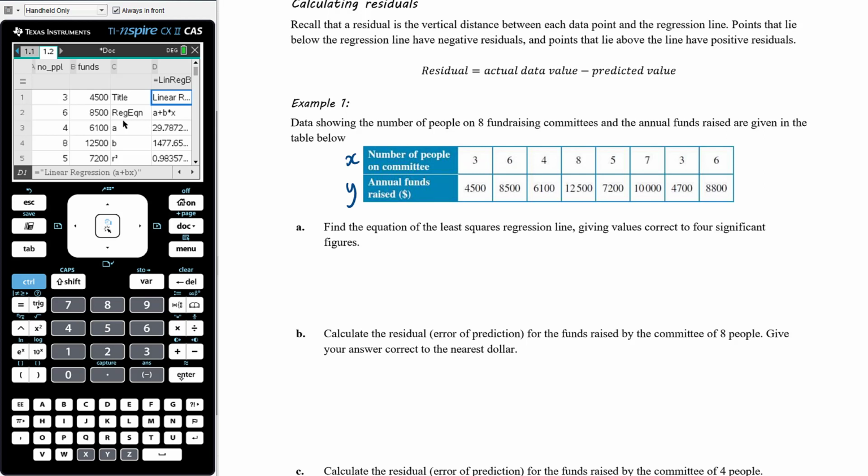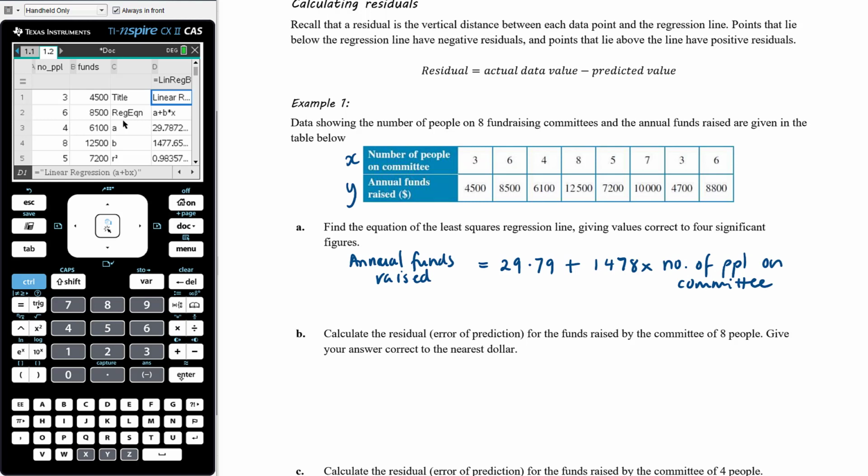So I may as well use the actual term, so annual funds raised is going to be equal to A plus BX, where A, to 4 significant figures, is 29.79, plus B, which to 4 significant figures would be 1478, times the X variable, which is the number of people on the committee. So there's our regression equation with values to 4 significant figures.